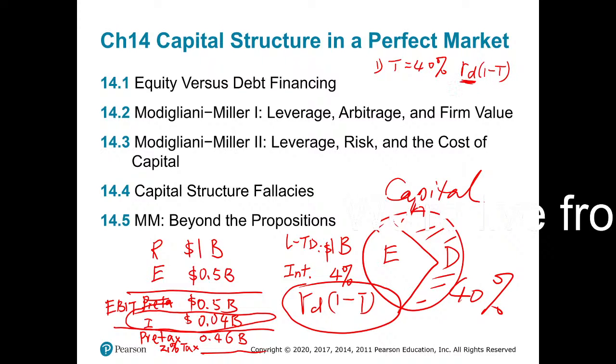If RD is 4%, it's 60% of 4%, which is 2.4%. So your after-tax cost of debt is 2.4%. When the tax rate is lowered to 20%, as we have now, almost, what's the after-tax cost of debt? 80% of that, which is 3.2%.